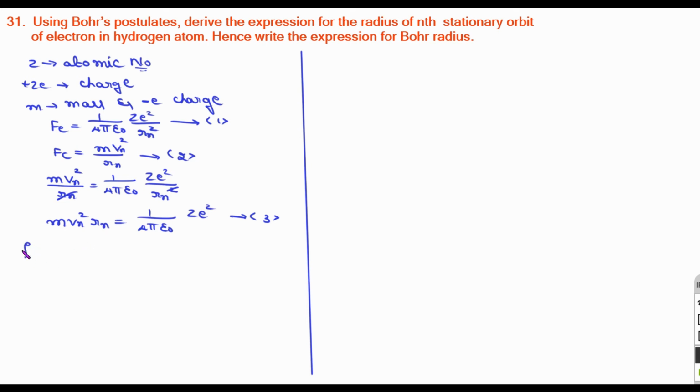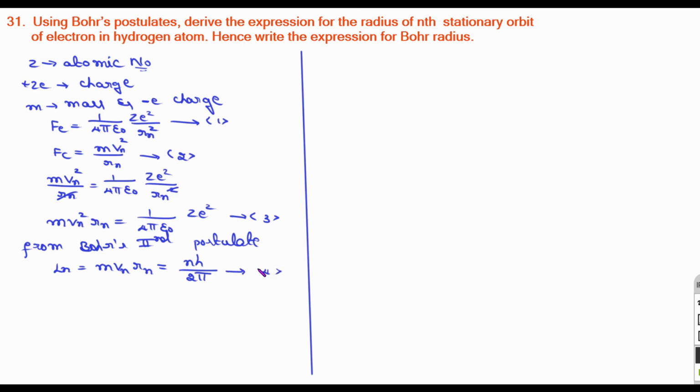Now from Bohr's second postulate, we can write Ln, angular momentum, is an integral multiple; m vn Rn is the formula for angular momentum. So from Bohr's postulate it is nh divided by 2 pi. So m vn Rn value is nh divided by 2 pi.